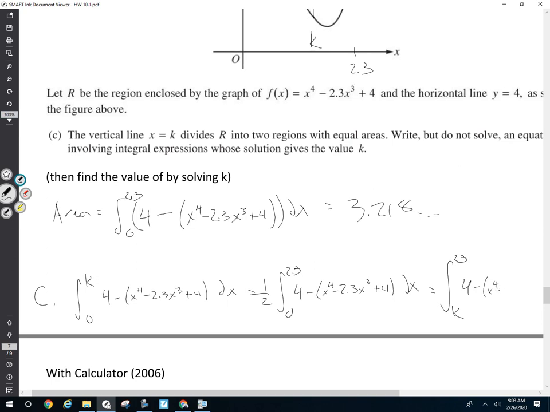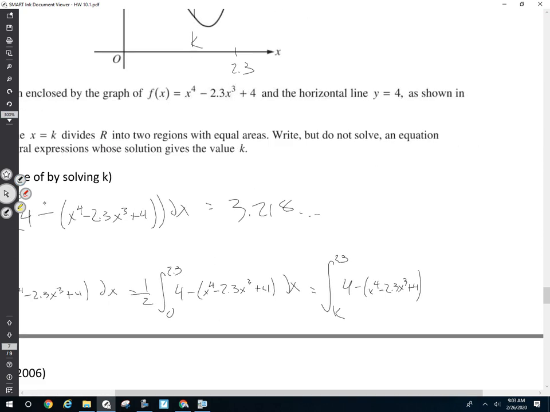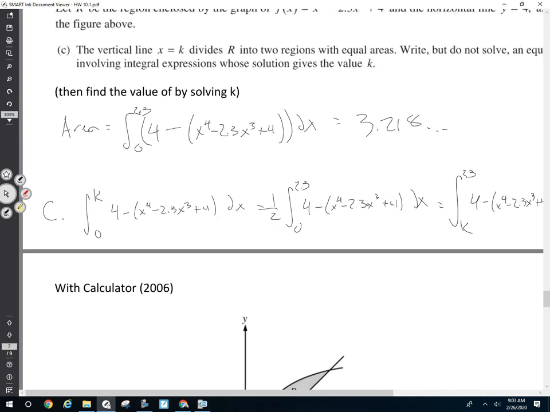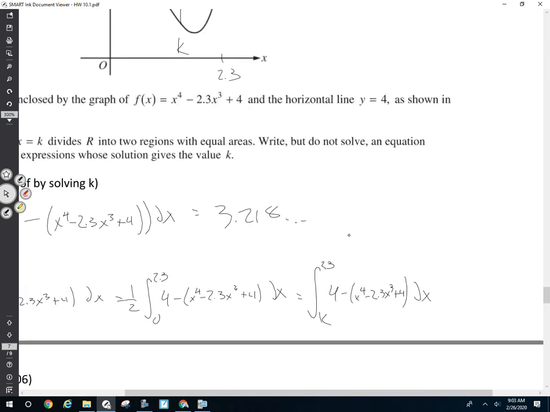And that's also something I could have done. But let's go ahead and find this value.